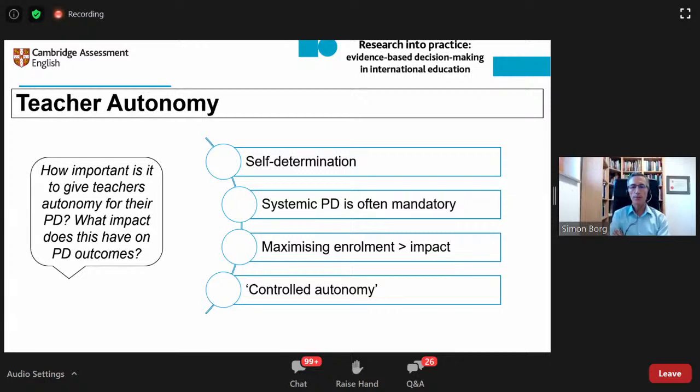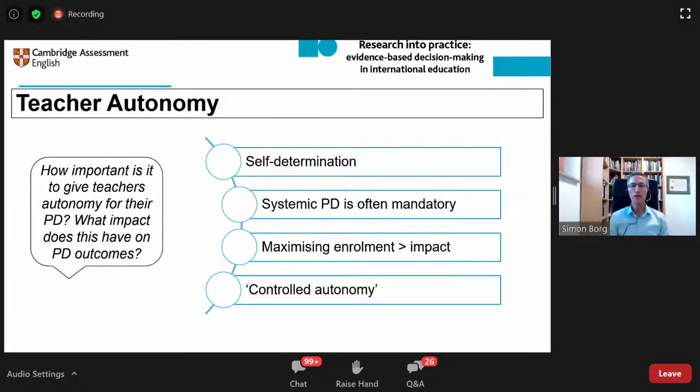What controlled autonomy means is that there are centrally controlled and standardized parameters for professional development, which are non-negotiable. But within that overall framework, there are spaces, there are possibilities for teachers to make certain decisions.